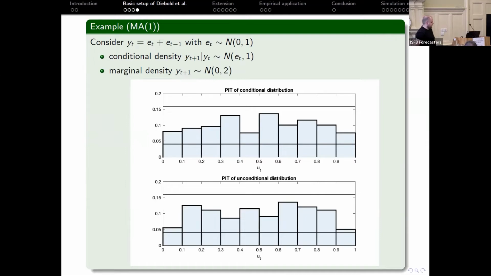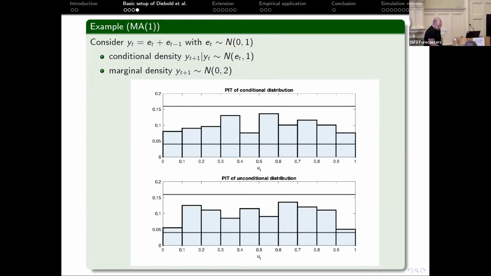That is, if you have a look at the outer bins, the first and the last one, you get the impression that there is some more variation going on. That's what we find, and that's quite interesting. So either if you are not using the correctly calibrated density, for example the marginal one for the one-step ahead, or if you do multi-step ahead forecasts, then we have increased variance in the outer bins.